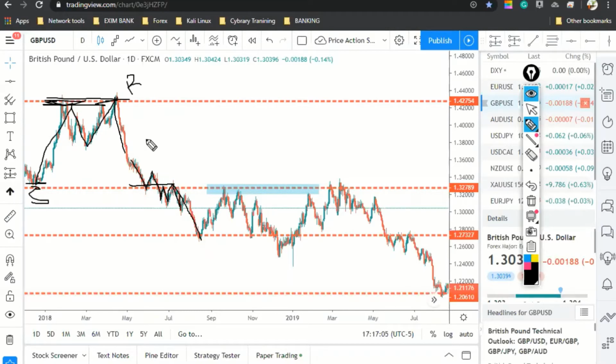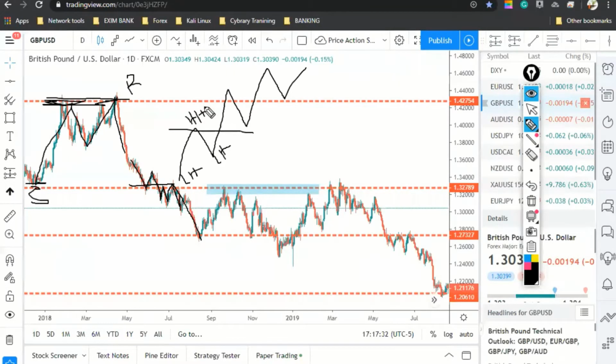But this is the reason why I'm saying that support always becomes resistance most times. This is because of how the trend is structured, where you make higher highs and higher lows. So this would be a lower high, and when I swing up, this would be a higher high, now a lower high. So it always tends to come back to test the zone, most of the time.